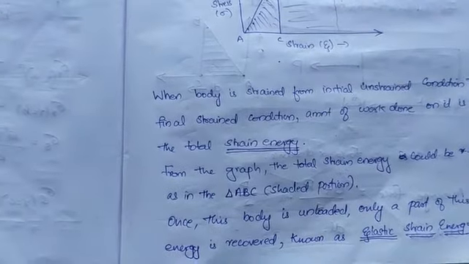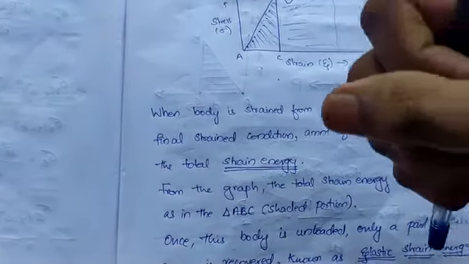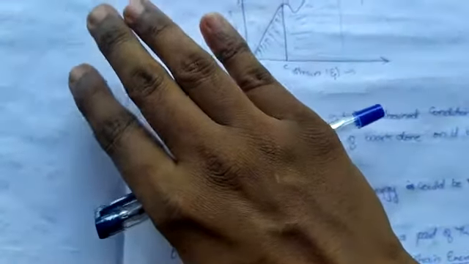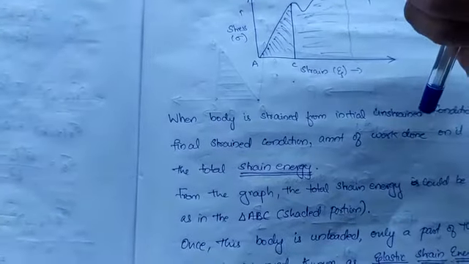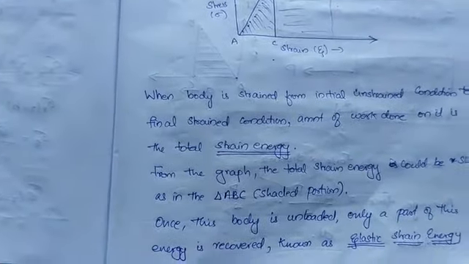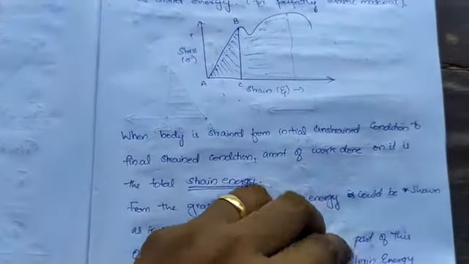If I release the force on this object, it returns to its original shape for an elastic member. But the energy restored is not the energy retained. Only a part of the energy will be restored, and this is called elastic strain energy.